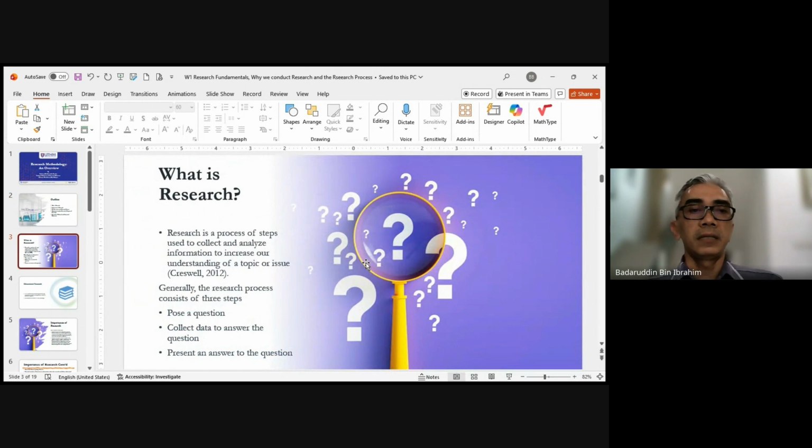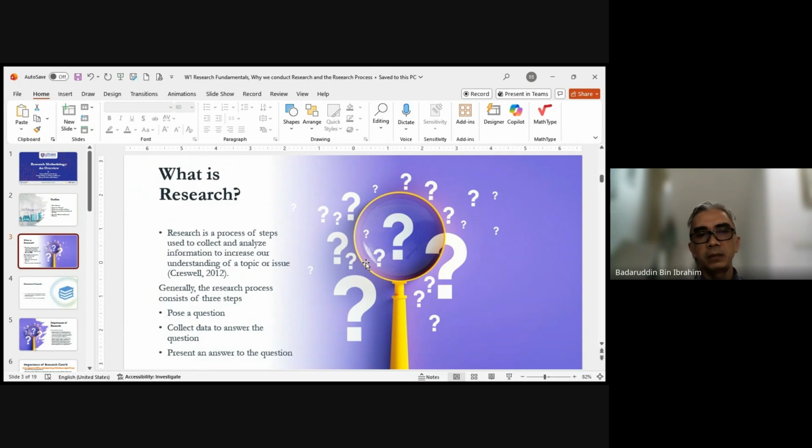So the next slide, we move on to what research is all about. Other than the textbook that the Center of Graduate Studies prefers us to use, my preference is always to refer to the textbook from Creswell.